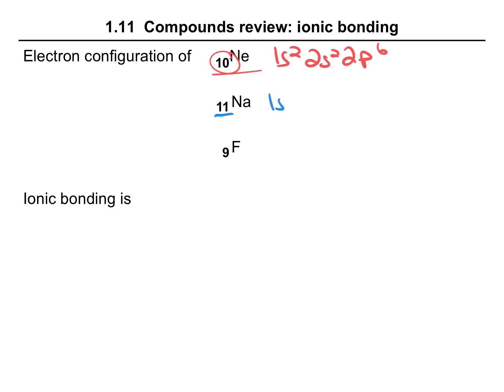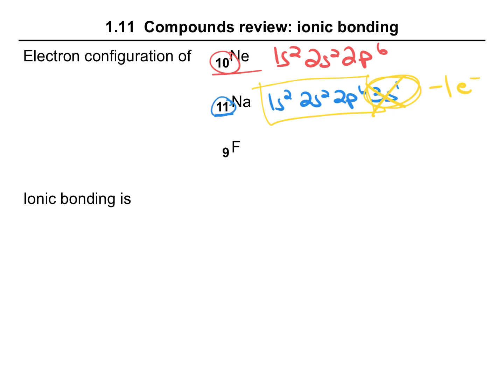So this has an electron configuration of 1s2, 2s2, 2p6, 3s1. So it almost looks like the noble gas, except that it has one extra electron. If sodium can lose one electron, then it becomes like a noble gas.